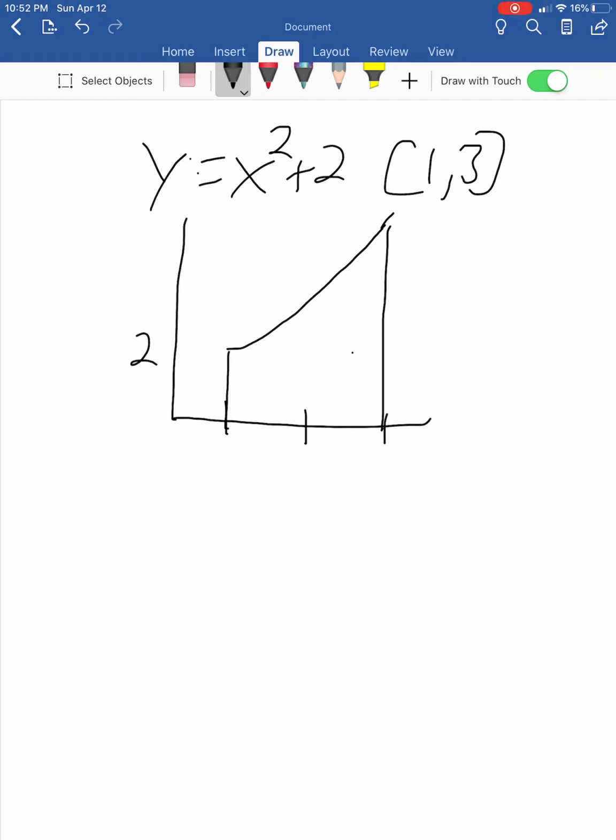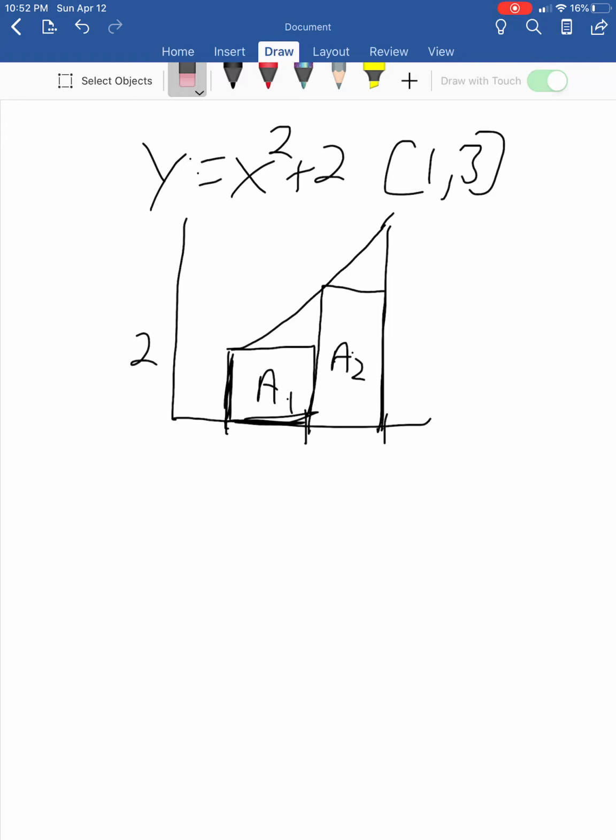So one way that we can approximate this is if we drew rectangles under this curve and found the area of each one, just length times width, and added them up for both of these rectangles. That's a Riemann sum. So you divide it up into rectangles, find the area of each rectangle, add it up, and there's your answer.